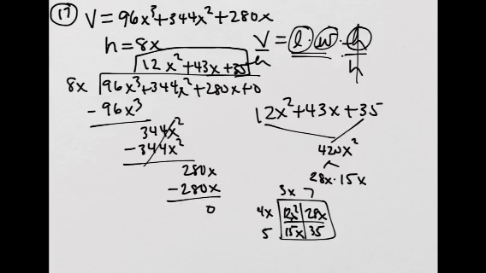And I always check whether this number and this number give me the product of this times this, and the answer is yes. So then that means that the factors are 3x plus 7 times 4x plus 5. So one of them is the length and the other one's the width. So these are the possible dimensions of length and width.